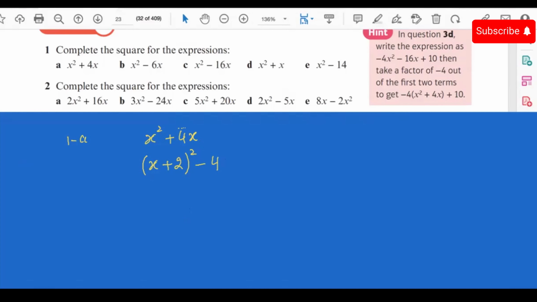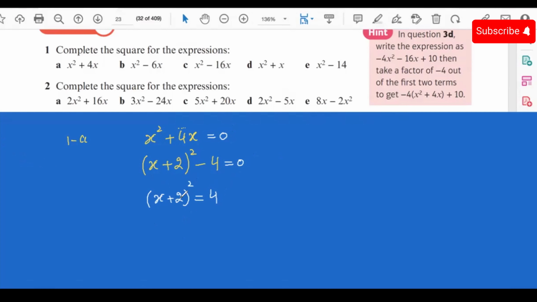So now if we presume that this was an equation and it was equal to 0, now we can solve its roots, meaning we can get the solutions. How? Here we have x plus 2, its square, that will be equal to negative 4. On the other side of the equation it will be positive 4.